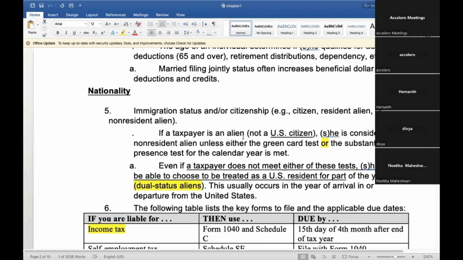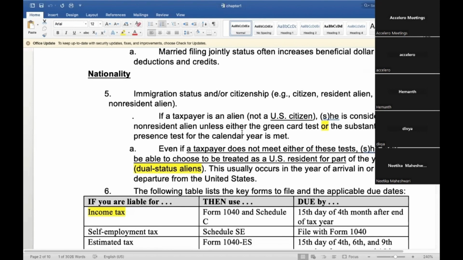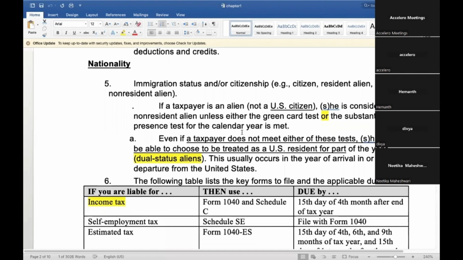Then nationality is very important. We already saw that a US citizen or green card holder is required to file a tax return regardless of how much time he has spent in the US.